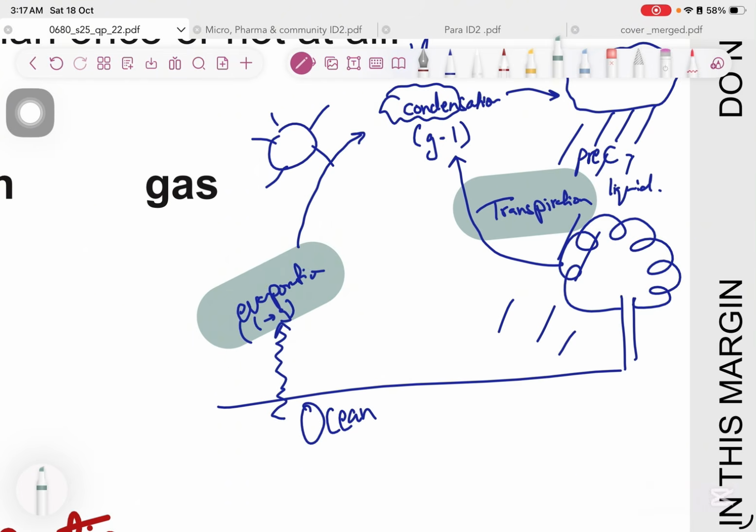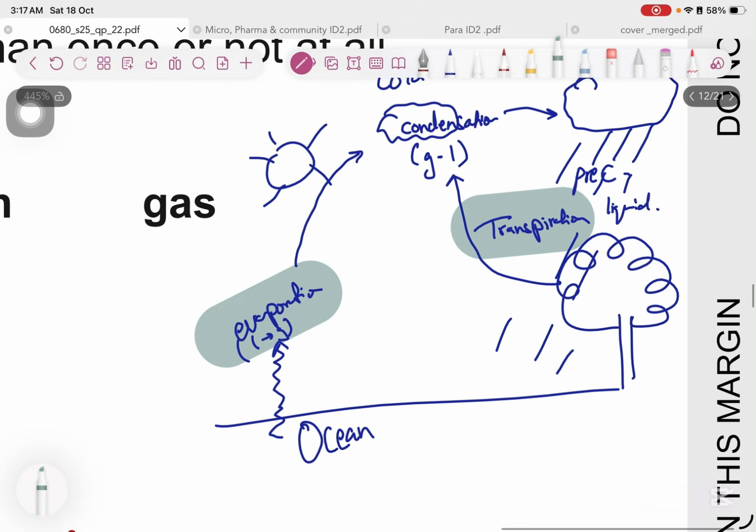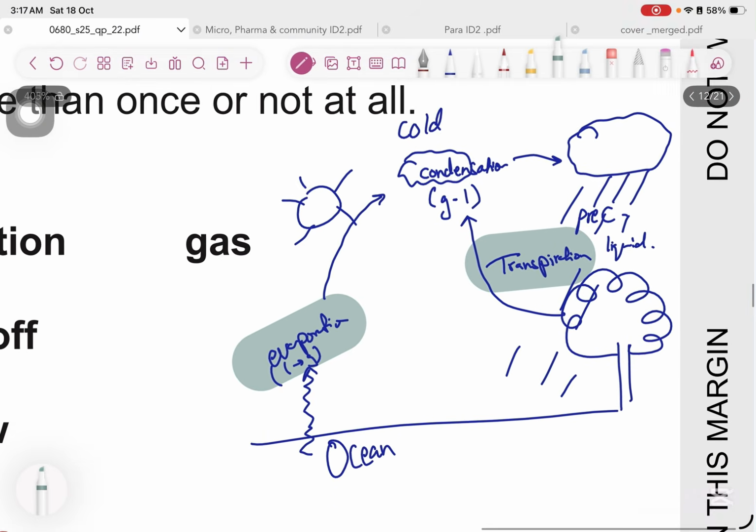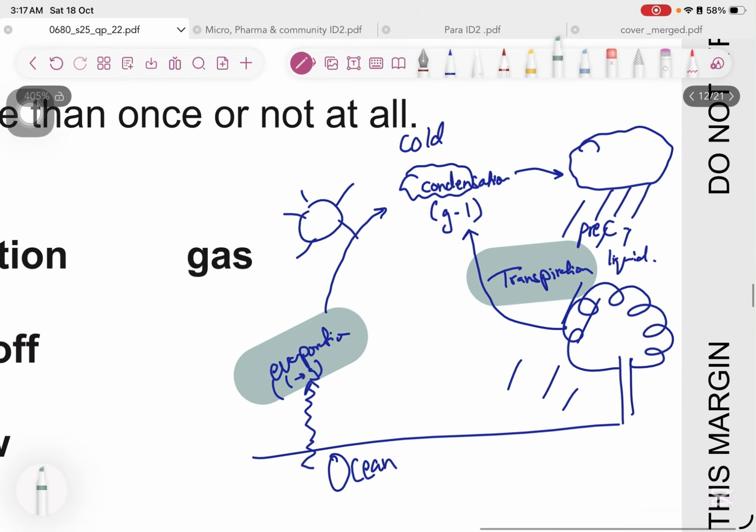One is called transpiration, and that comes from the tree or a plant. The other one is evaporation, and that comes from oceans, lakes, rivers, surface water, ground, whatever. It comes from water or any other source. I hope that is clear.